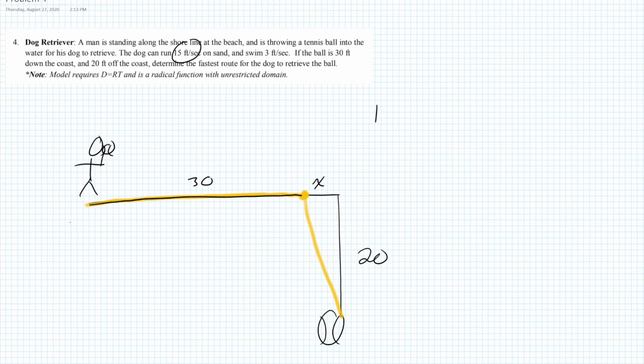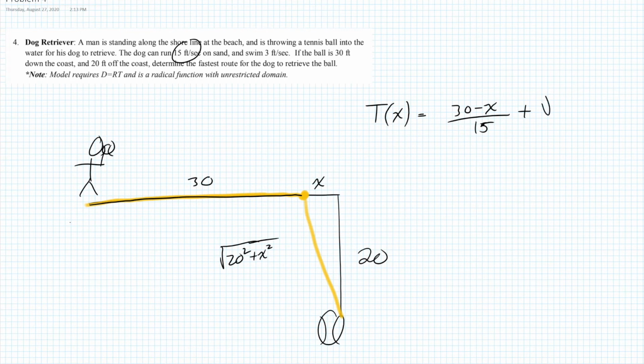If I'm thinking of time as a function of x, then this would be 30 minus x divided by how long it takes him to run on sand, which is 15 feet per second, plus however long it takes him to swim in the water. This distance right here is going to be the square root of 20 squared plus x squared.